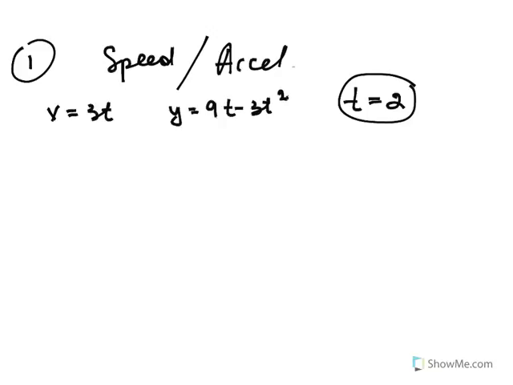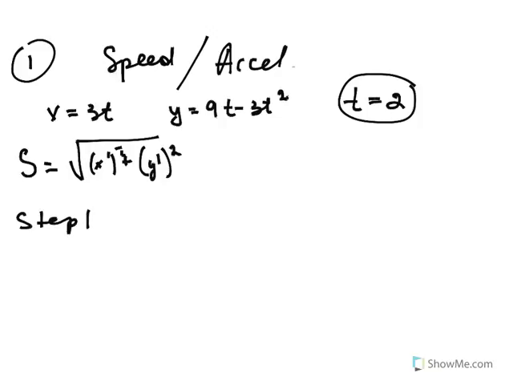Now step 1, in order to find the speed, we have to do the square root of x prime squared plus y prime squared, right? So we need to find the derivative of x and y. So let's differentiate. That's step 1. Let's differentiate dx dt, and that gives us just 3. dy dt would be 9 minus 6t.